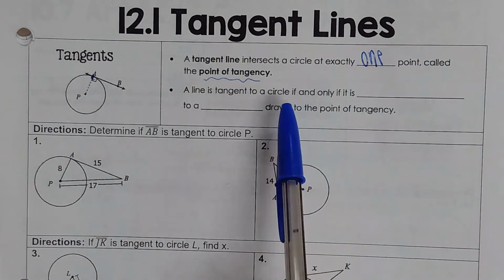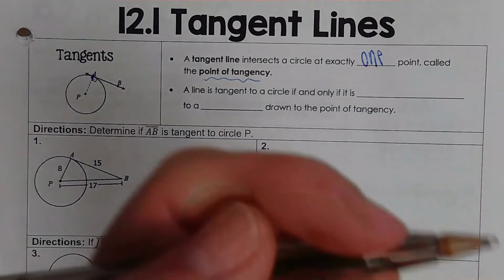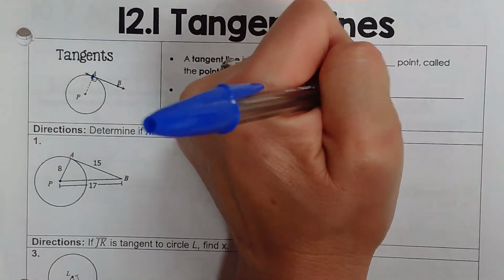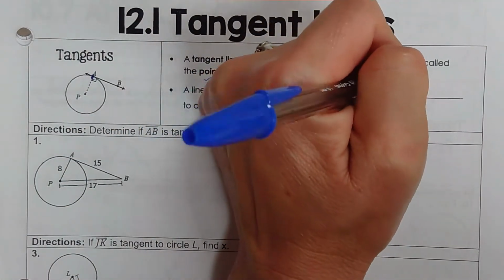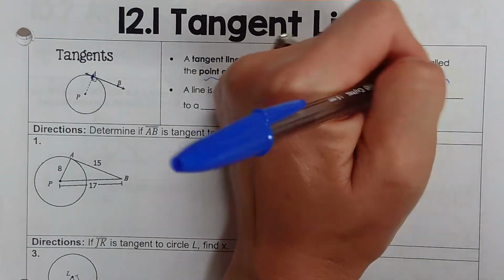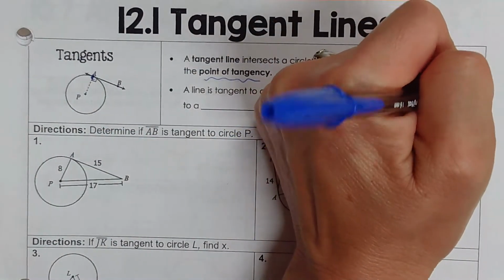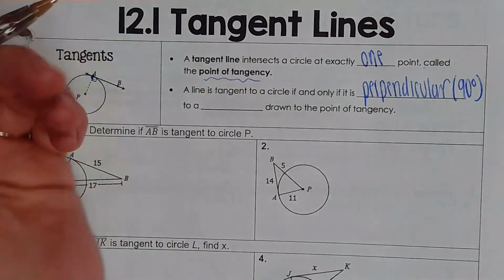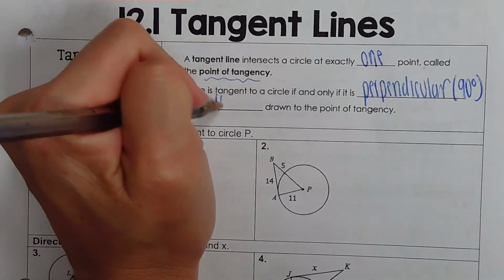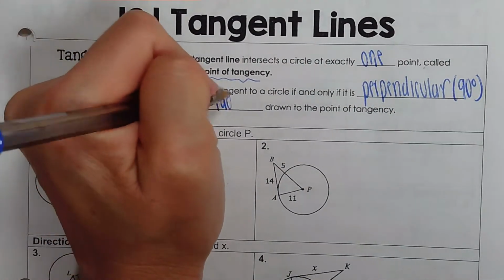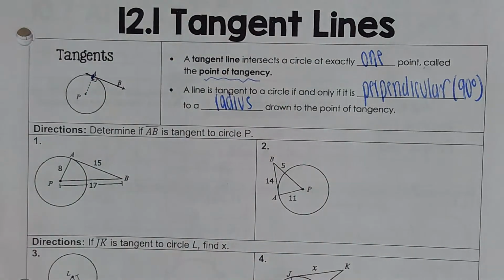A line is tangent to a circle only if it is perpendicular, meaning it forms a 90-degree angle to the radius drawn to the point of tangency.